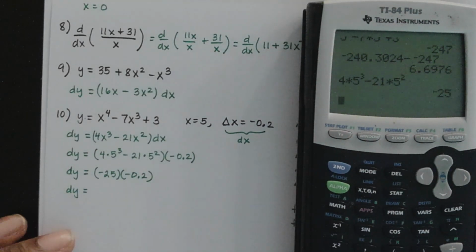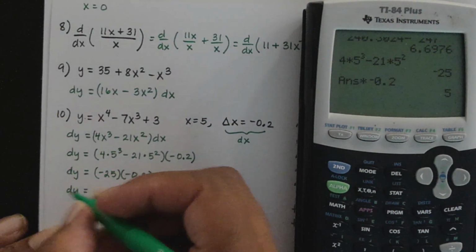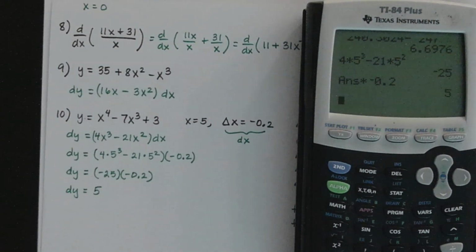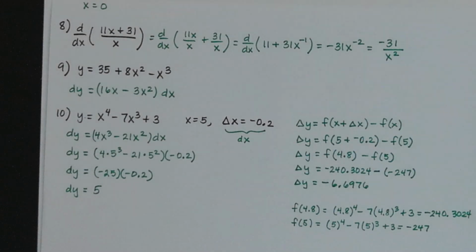Times negative 0.2. That's going to end up being 5 for dy. So dy will be 5. Delta y will be negative 6.6976. Those are the two values that they're looking for.